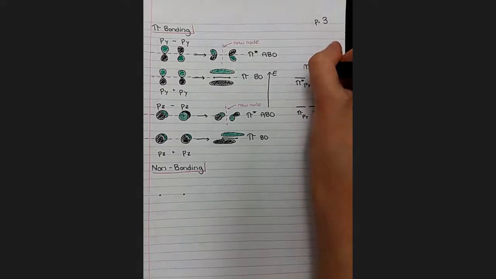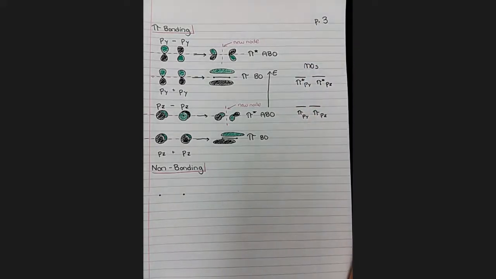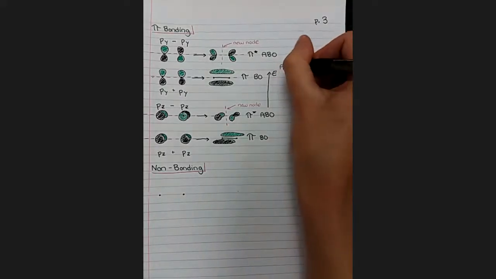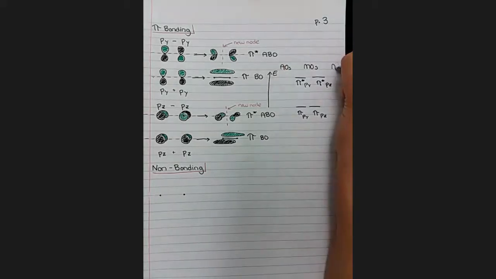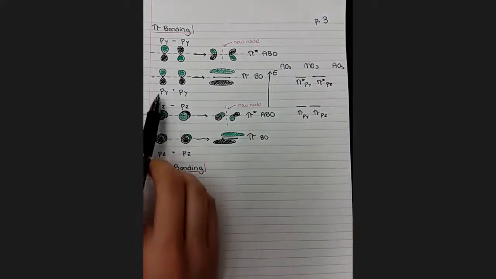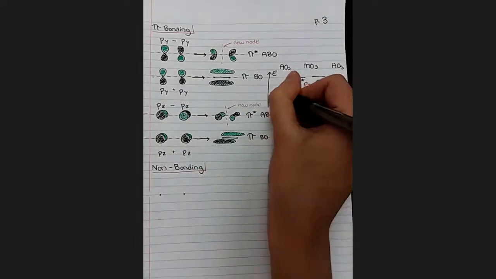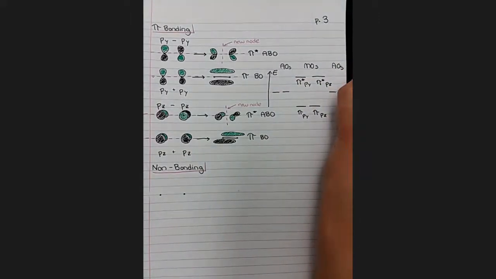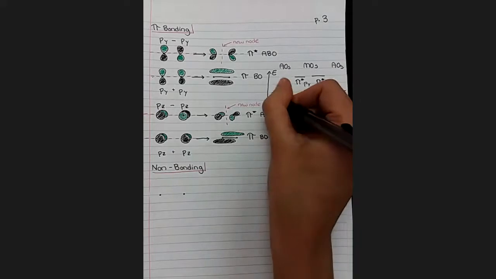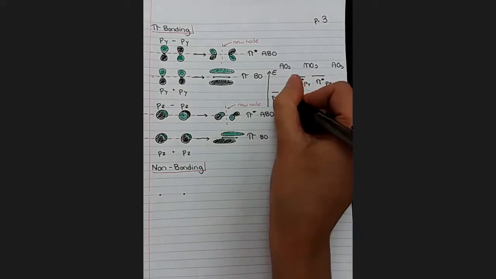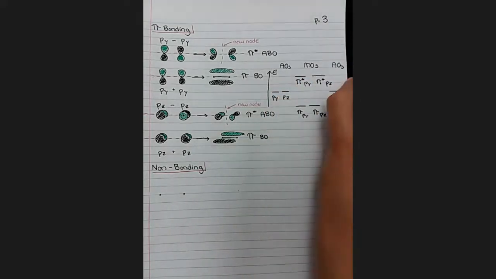These are our MOs. And then along the side, we'll put our atomic orbitals. It's going to get a little cramped, but we can do it. So remember, the py and the pz orbitals have the same energy in a particular atom. So we can draw those at the same line and at the same value over here. So this is our py and pz, and py and pz on this atom.